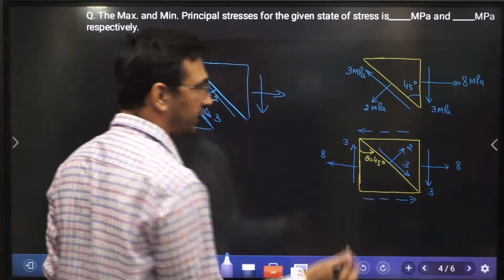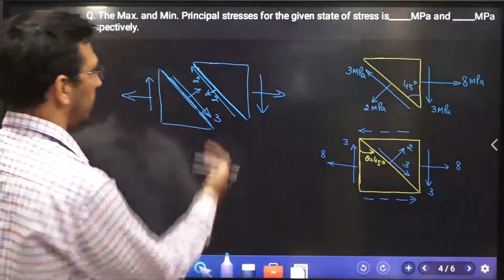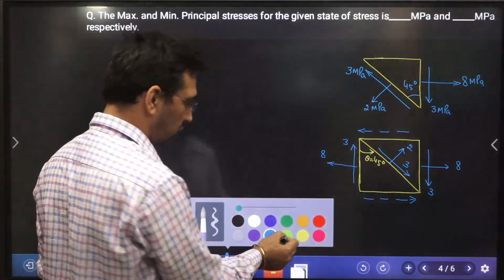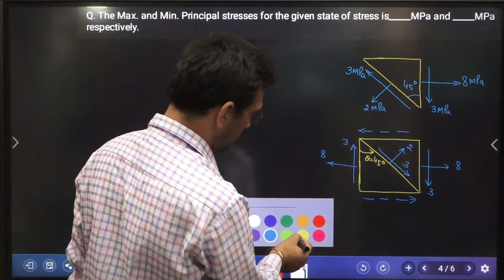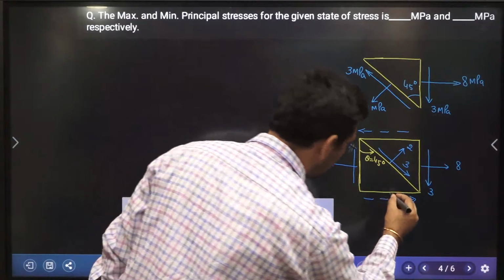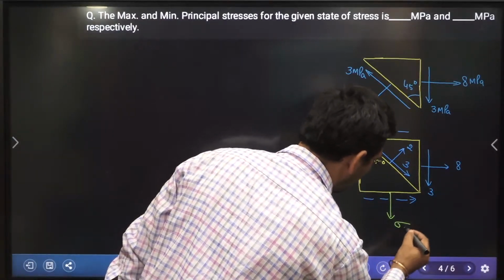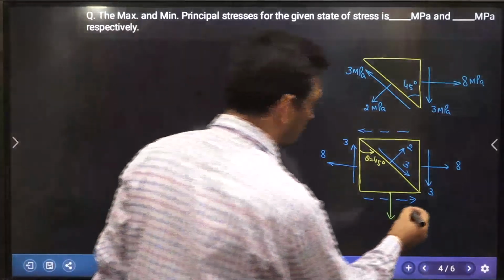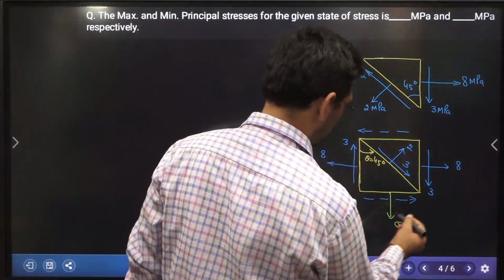And now what is sigma Y, that you don't know over here, right? So for that, what do I need to do? I need to assume it. So you assume it, there's no issue. Let us say I'm assuming it is tensile over here.